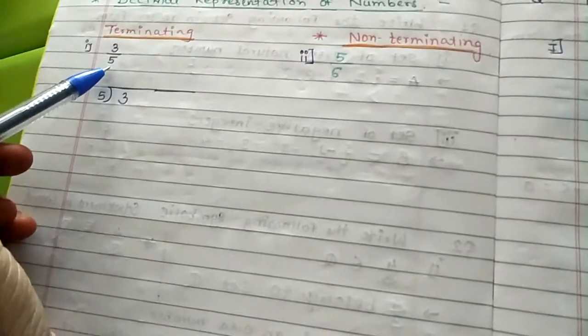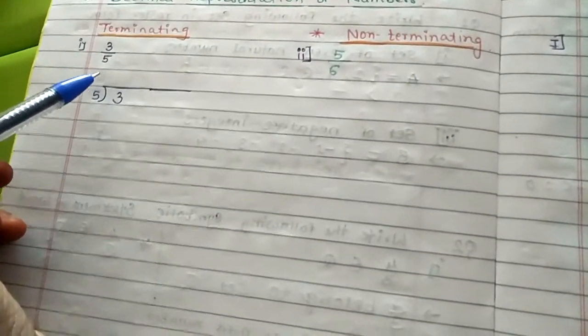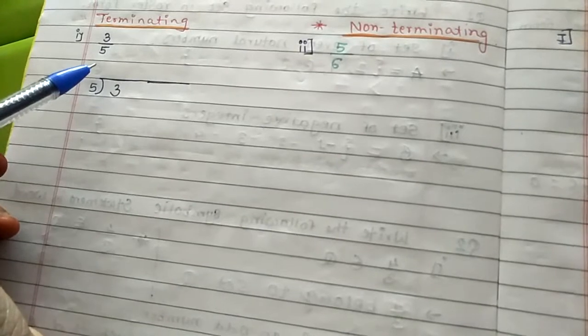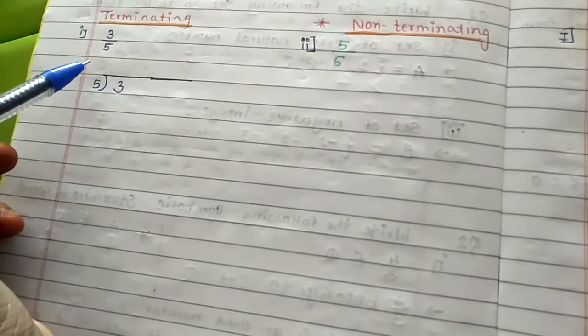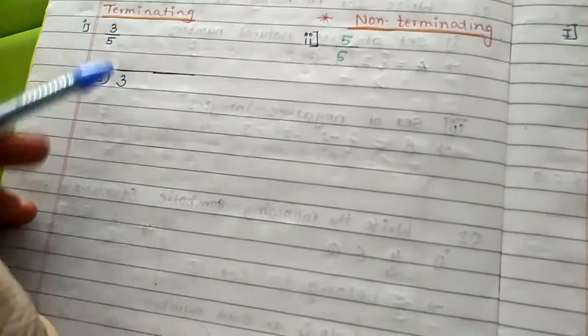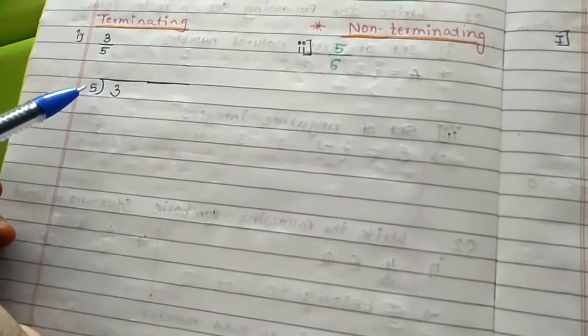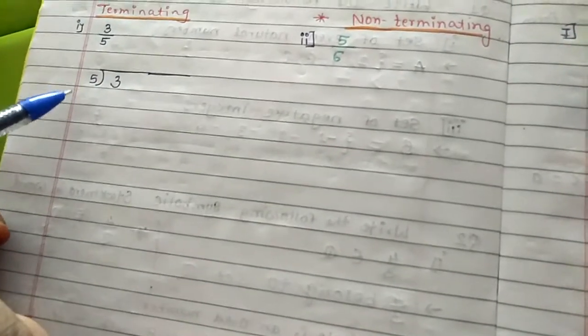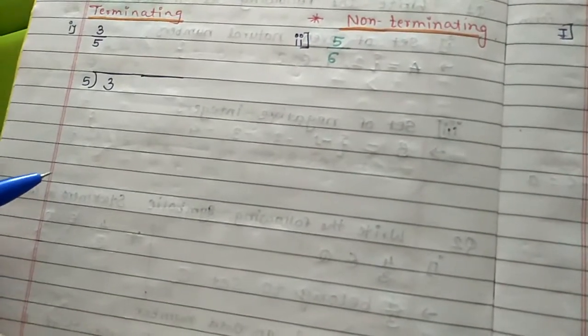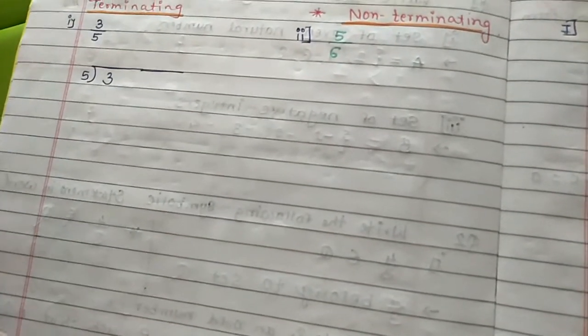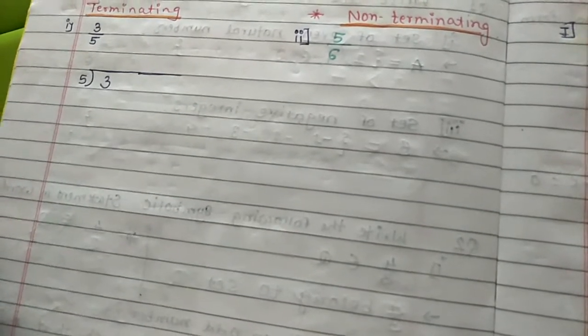So here what you have to do, we have to carry out the division, and if the remainder is 0, if in these divisions we get the remainder 0, the process of division is going to end here. So when we get the remainder as 0 in the division, that fraction is said to be terminating.